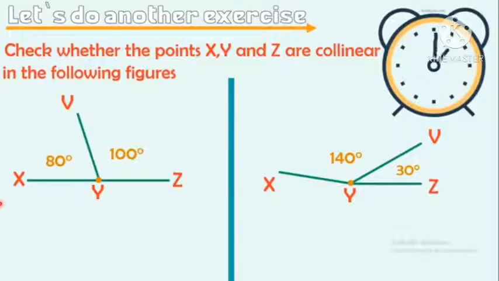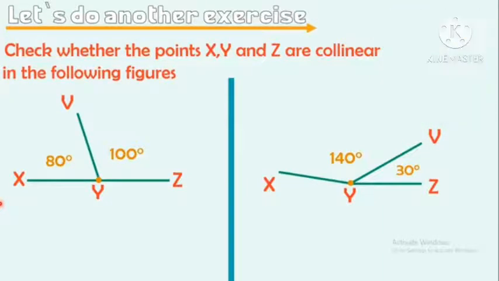Think, are x, y, and z collinear points? Do they form a straight angle? Add the angles. You have to add the two angles, what do we have? We have here two angles. Do they make 180 degrees? XYV, which is 80 degrees, and VYZ 100 degrees.